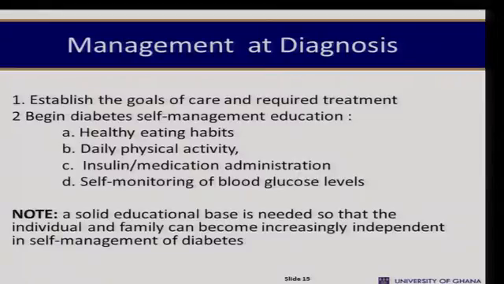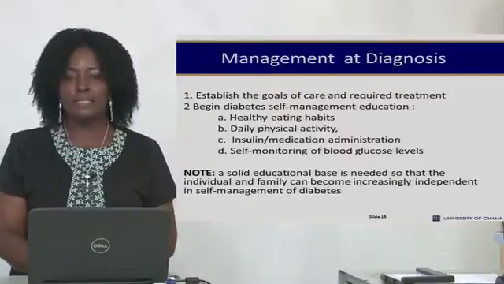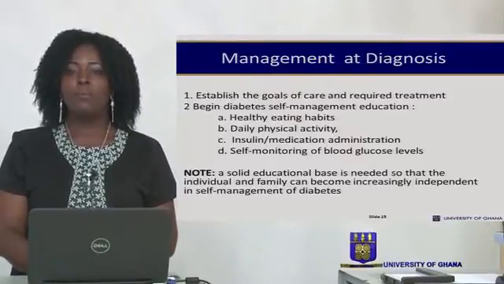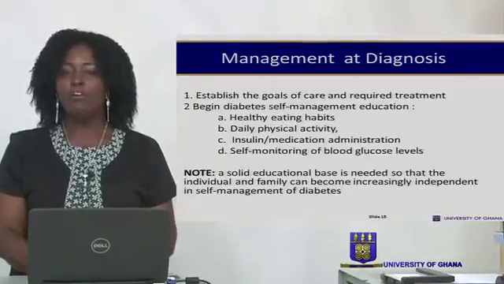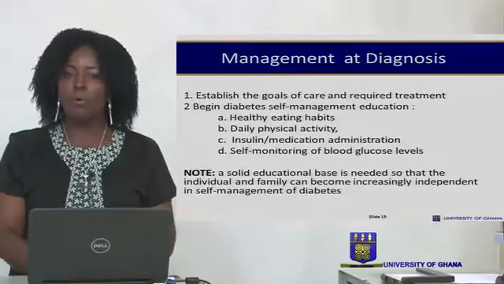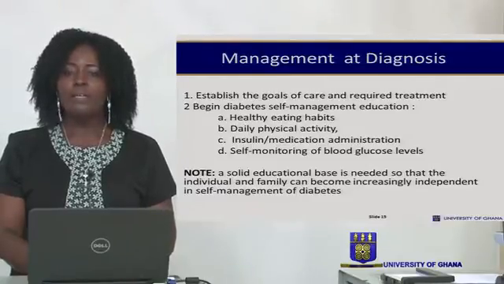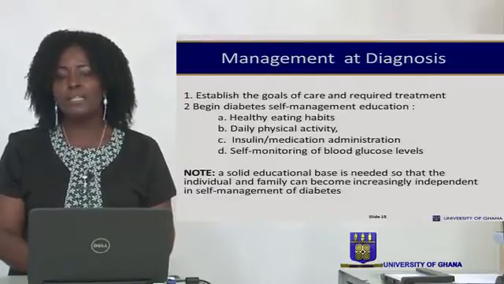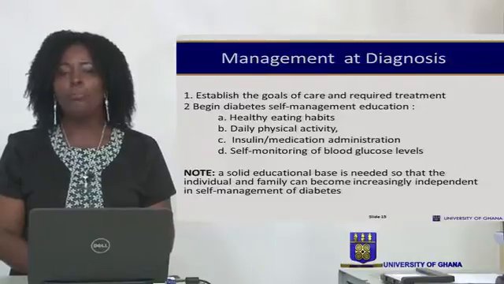Management at diagnosis: when the child is first diagnosed with diabetes, our goal is to achieve near normal values. Education must go on so that the individual can live an independent life, because this is a chronic condition and the child will go back home.